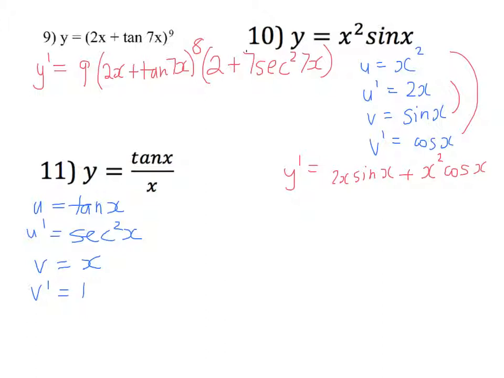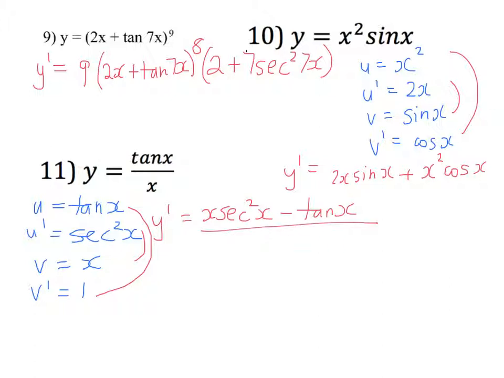So our y dash is going to be insides x sec squared x minus outsides tan x, all over the denominator squared, x squared.